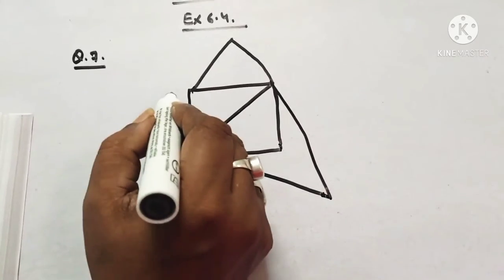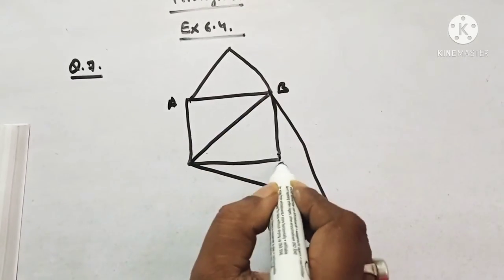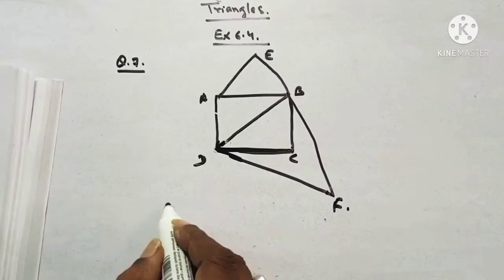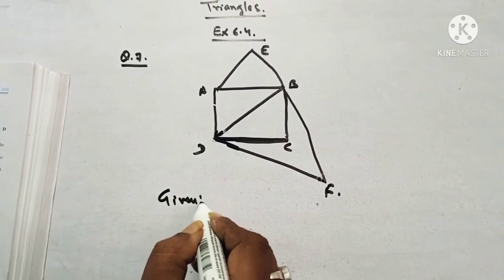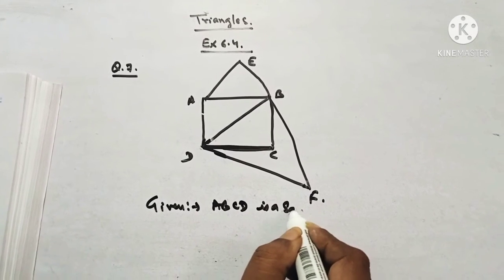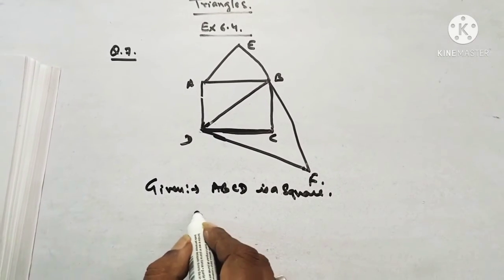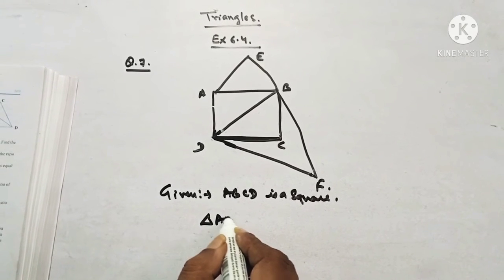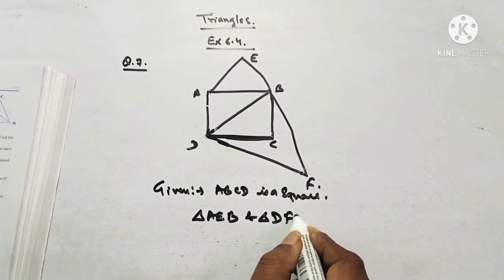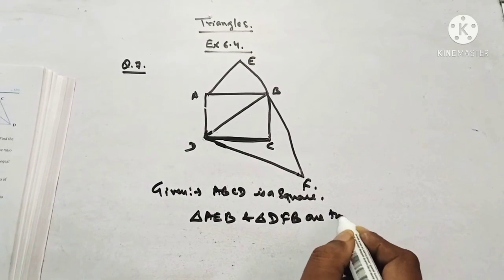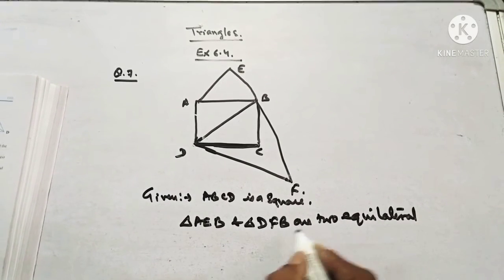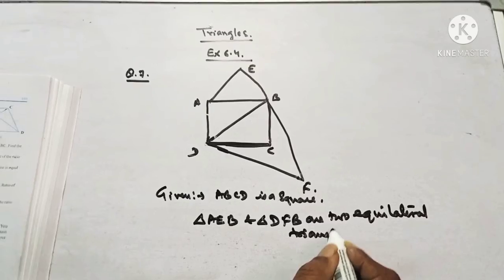So let me name A, B, C, D, E, F. It is given that ABCD is a square, and triangle AEB and triangle DFB are two equilateral triangles.